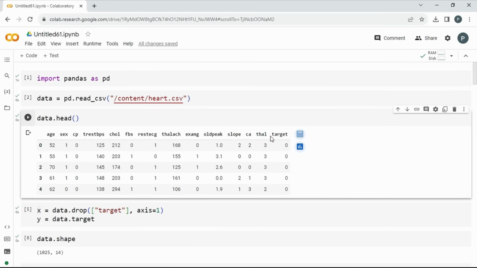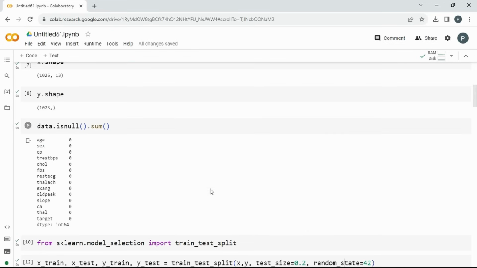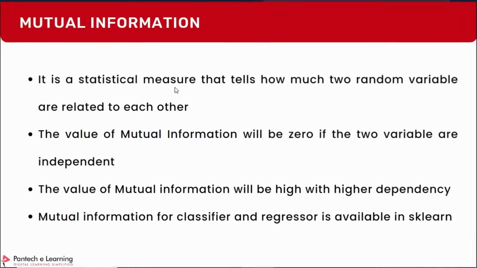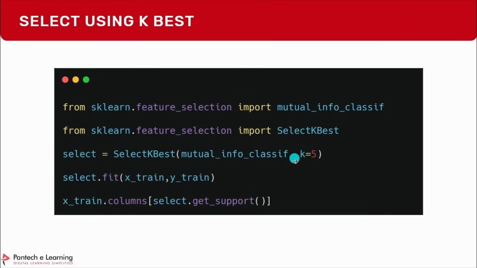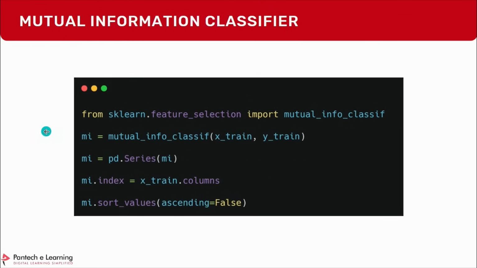If there is no relation, the value will be 0. If there is a higher relation, a higher value will be given. For gender, for cholesterol, like that it is going to calculate the relation with y or the target. With that you can get a hierarchical table. From that you can decide, for example, if I want to select the first 5 important values to decide the output, you can obtain them. So that's the idea behind this mutual information classifier.